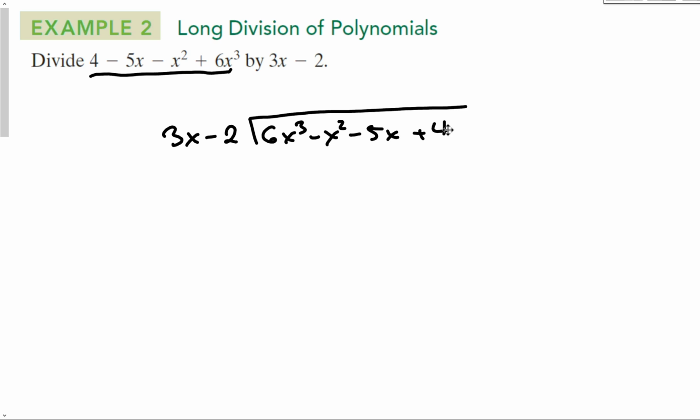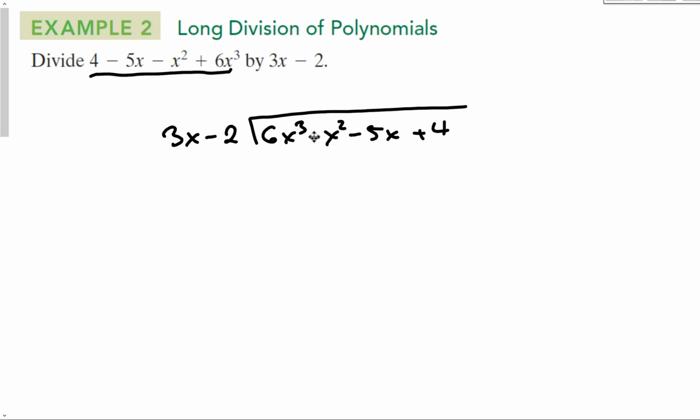Now I can start my long division. Just looking at this polynomial right here, I have no idea how it factors. I could maybe attempt grouping, and it won't work. So I really have no idea how this is going to work out, so I'm going to have to do long division.